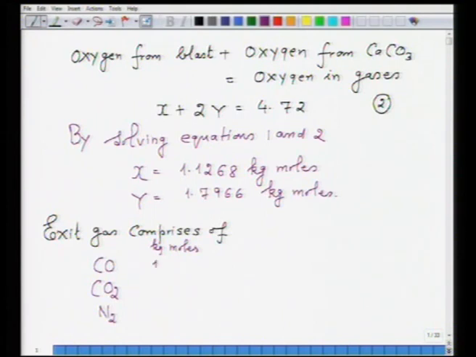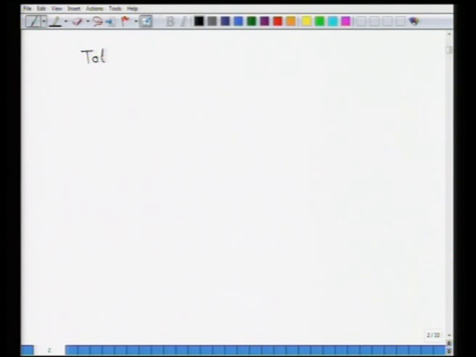So, carbon monoxide is 1.1268, CO2 1.7966, and nitrogen 8.7232, and in percent this becomes 9.67, 15.43, and 74.90.